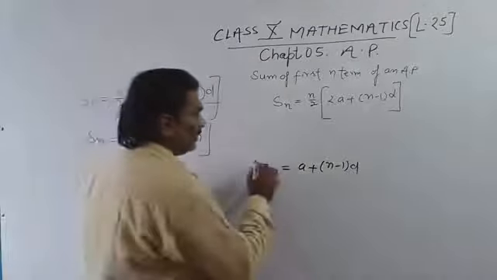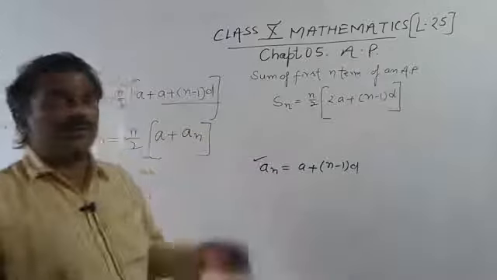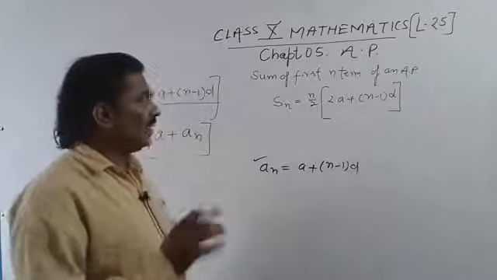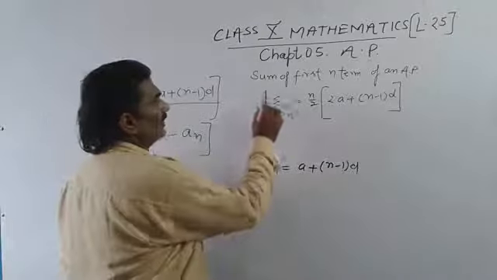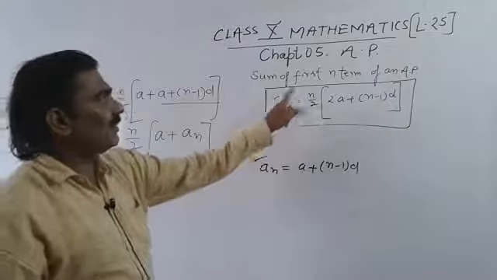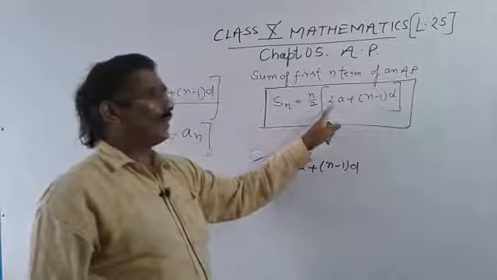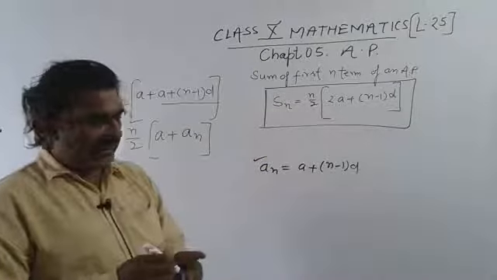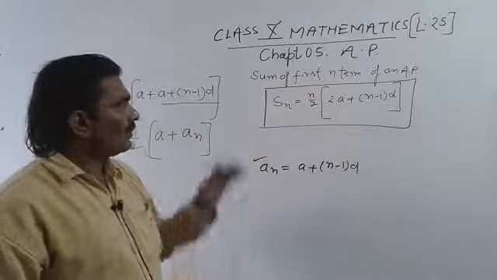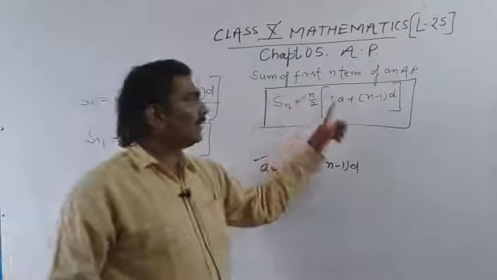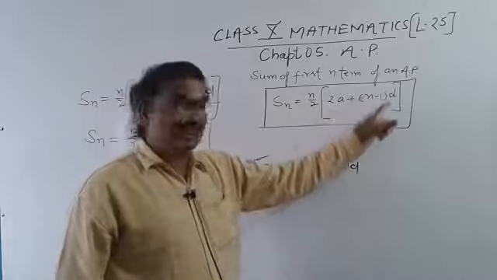In the previous exercise we did many questions with this formula, but today we will use the formula Sn is equal to n upon 2 under bracket 2a plus n minus 1 into d. This is the sum of n terms, where n is the number of terms, a the first term, and d the common difference.